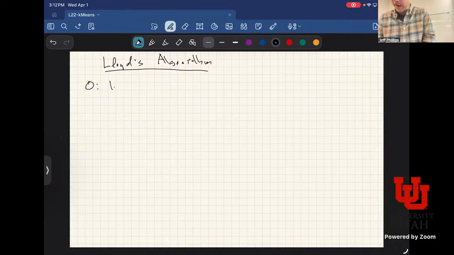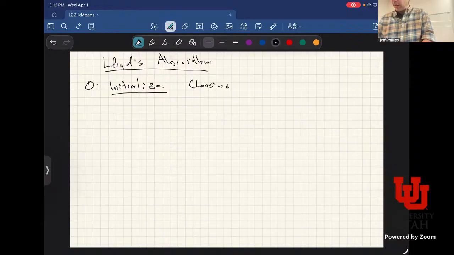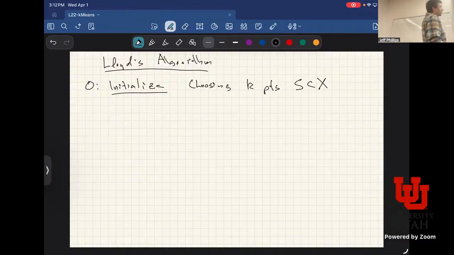Okay, so let me describe the algorithm, and then we'll spend the rest of the lecture talking about it. Okay, so we want to initialize by choosing k points S, which will usually be a subset of X. So again, I'm given K as part of the input.